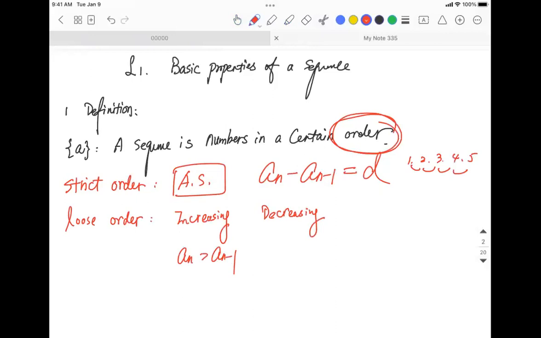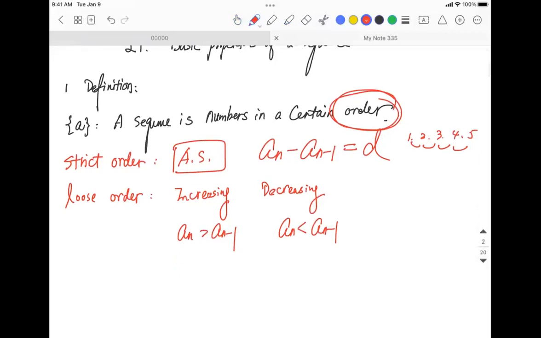The terms are getting bigger and bigger. And vice versa, an is less than an-1, so the sequence values are getting less and less. You see, this one is actually very loose, right? As long as an is greater than an-1, an can take whatever value you like. It's not like the arithmetic sequence, which has to be exactly the pattern, right? So this is something where you can see the difference between a very strict order and a very loose order.